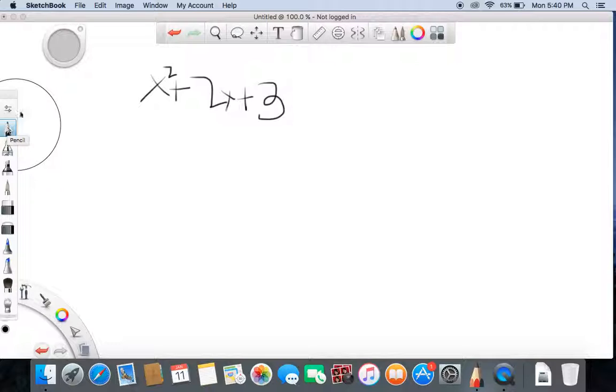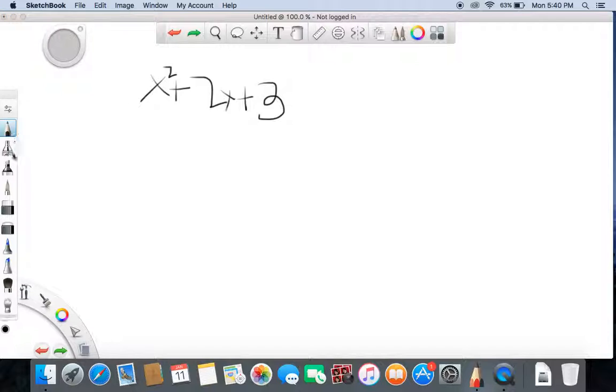Okay, I'm flooding you with way too many things right now. But what you're going to do is multiply the coefficient of the first term, x squared, which would be 1, by the constant 3. So 1 times 3 is 3.